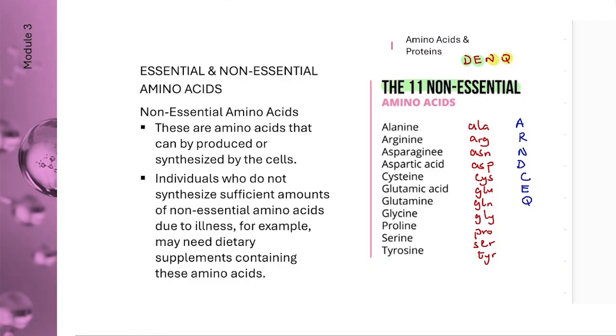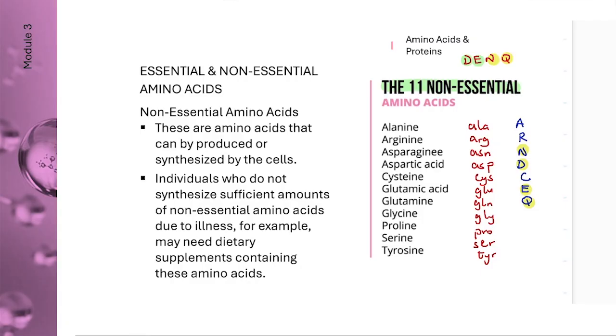So N for asparagine, and Q for glutamine. So you then find that yes, it helps me to remember, and you should also do the same, at least before you get used to it.